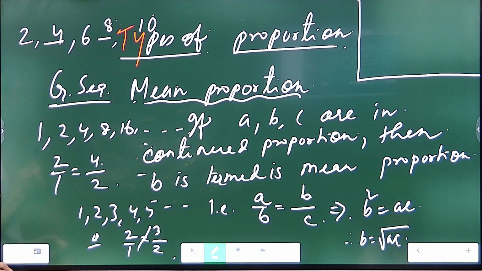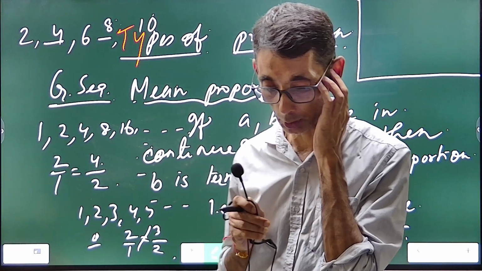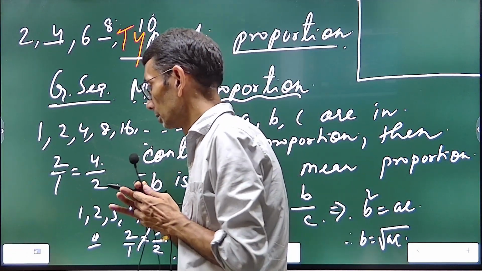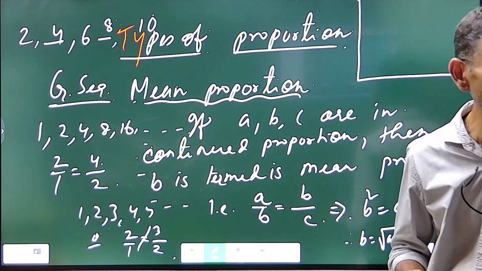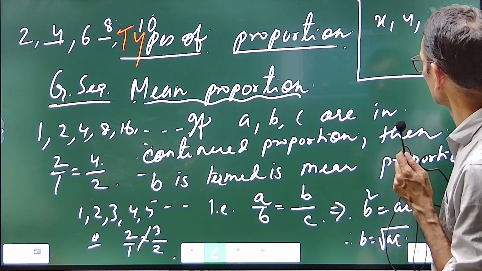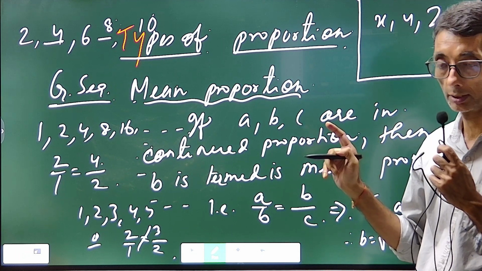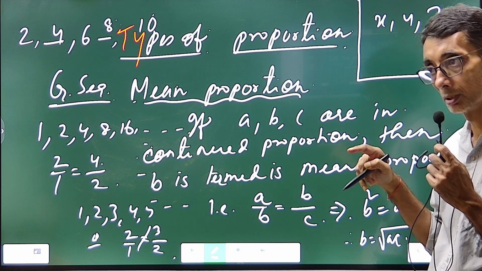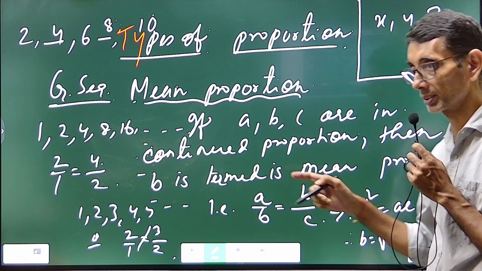In a GP, how do you find the geometric mean? I will just finish this and wind up today. In a geometric sequence, how do you find the geometric mean? Say x, y, z are three numbers following a geometric sequence. According to the definition, what should hold?